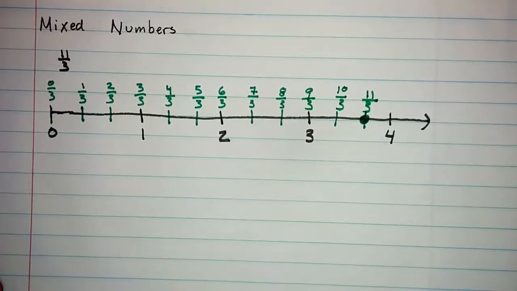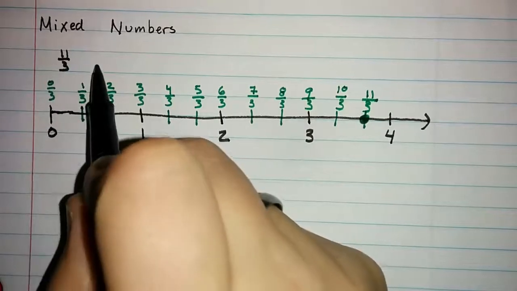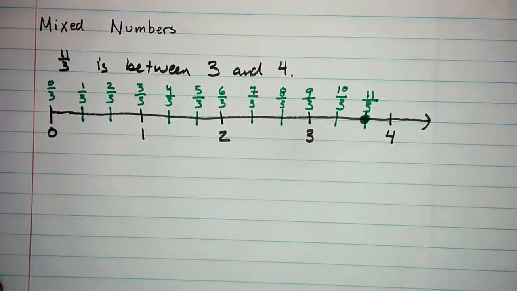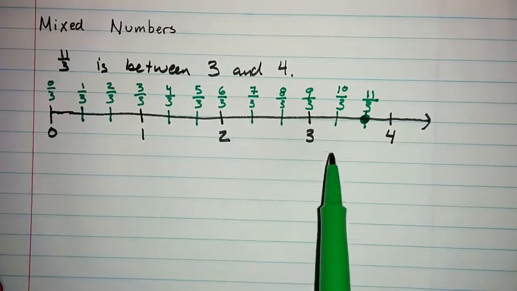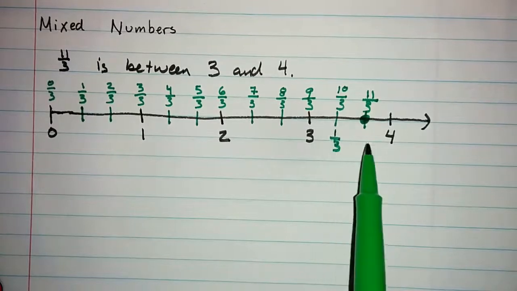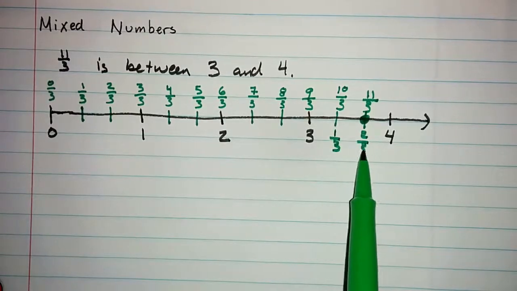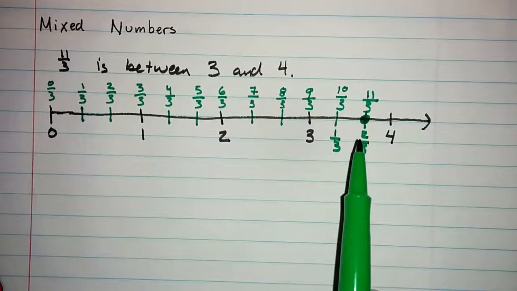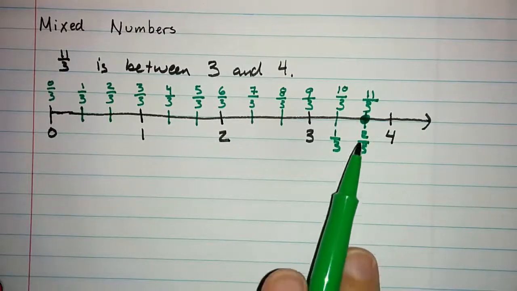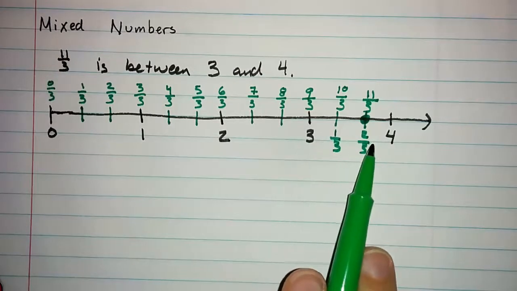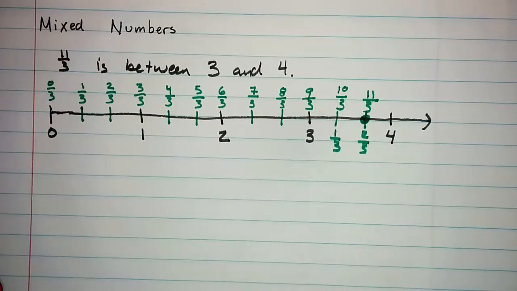Now that we've drawn it, we can see 11/3 is between 3 and 4. In fact, if we start at 3 and count out 1/3, 2/3, we get to this point. 11/3 is 2/3 beyond 3.